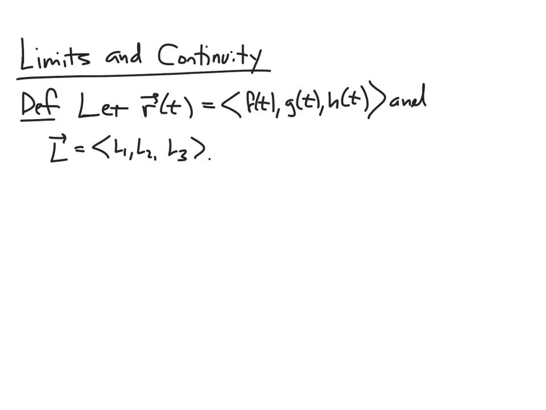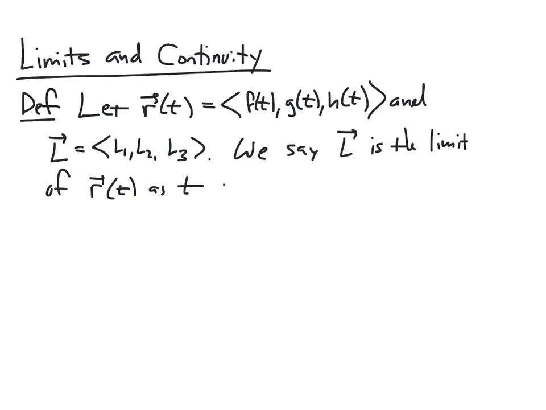In this case, we're going to say L is the limit of the function r of t as t approaches a, written using the normal limit notation: limit as t goes to a of the vector function r of t equals the vector L. The only difference is that we have arrows over r and L.